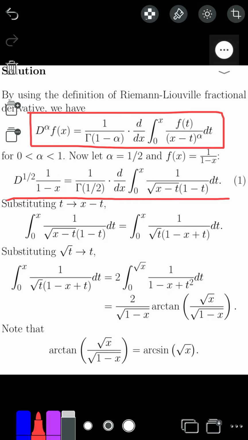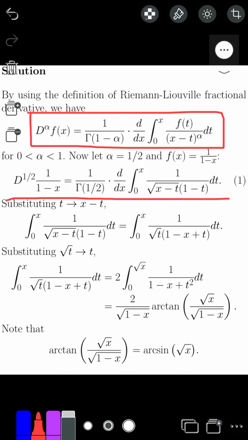Substituting t to x minus t is like substituting t equals x minus u, it's just that I don't want to use a new variable. It's a simple substitution anyway, the dt doesn't really change. Well, it becomes negative.